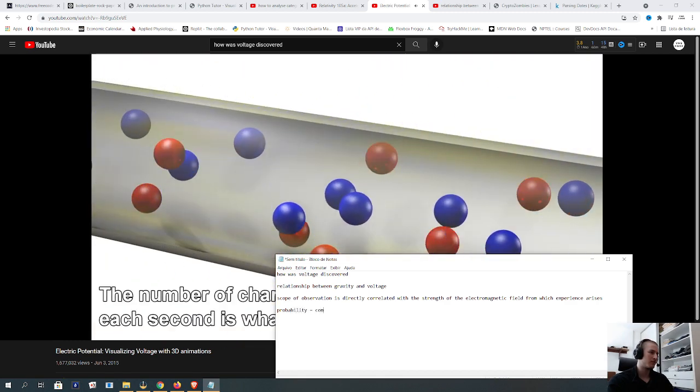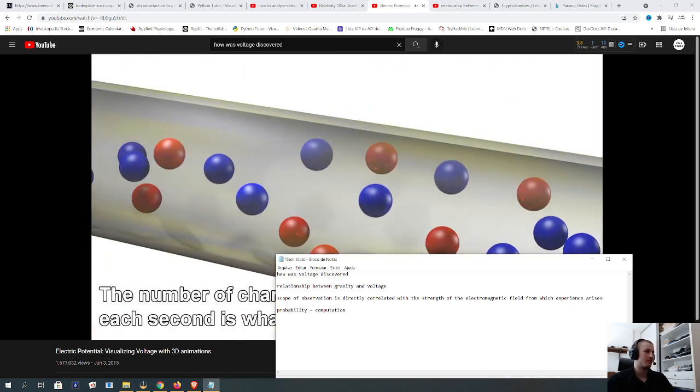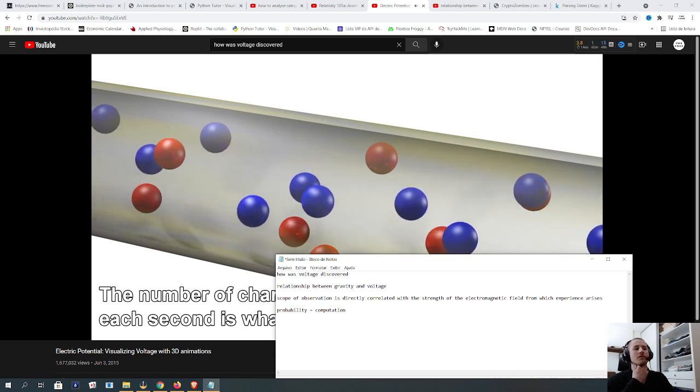The number of charged particles that pass by each second is what we refer to as the current.